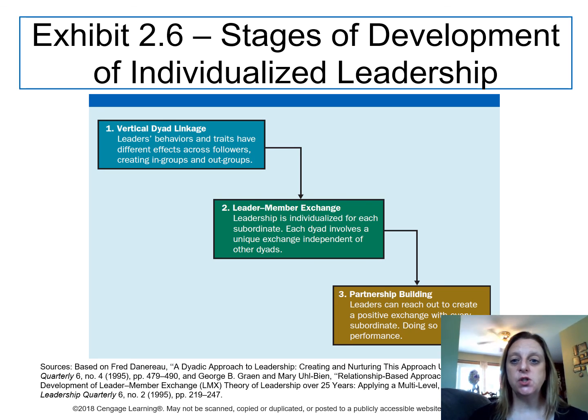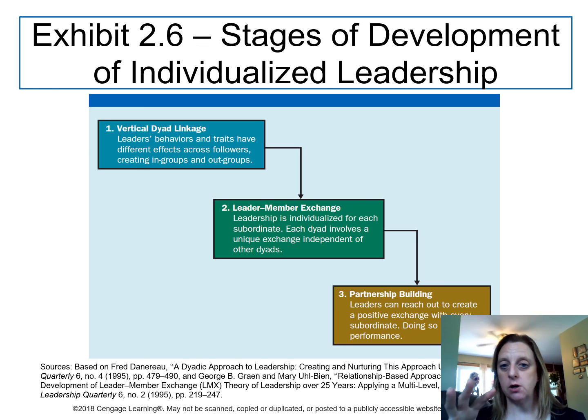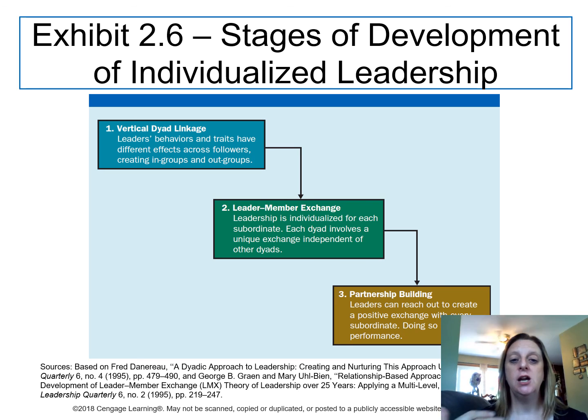So just to recap, the point of this whole chapter and discussion is to understand the importance of traits and behaviors in the development of leadership theory and research. Some traits associated with effective leadership include optimism, self-confidence, honesty, and drive.